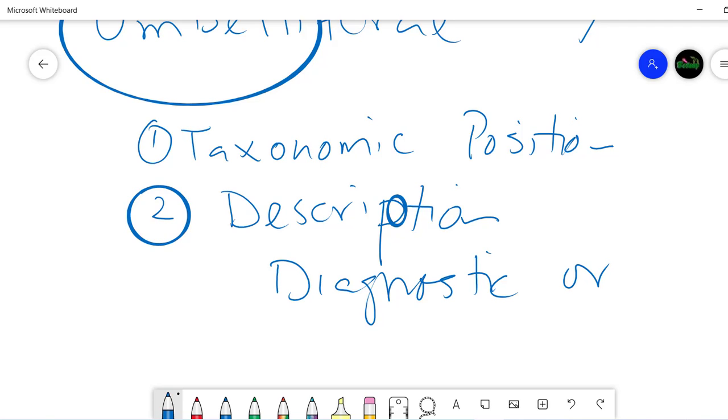And the same will be the situation with other characters of the family like flowers, and obviously flower has a whole lot of description because we will be discussing the various parts of the flower, from its position, the characters of the flower itself, like for example it is hermaphrodite or bisexual and actinomorphic and so forth, and its various floral parts, calyx, corolla, androecium and gynoecium.